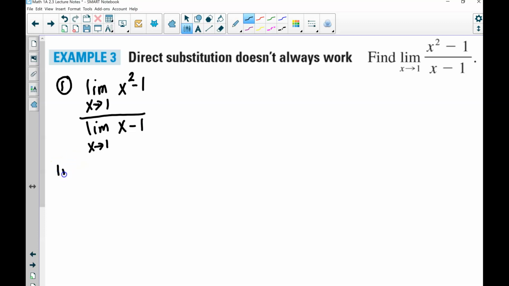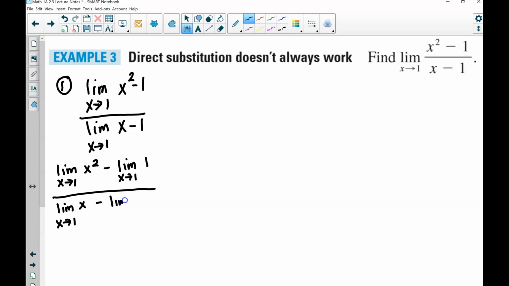So we would have the limit as x approaches 1 of x squared minus the limit as x approaches 1 of 1, all over the limit as x approaches 1 of x minus the limit as x approaches 1 of 1.